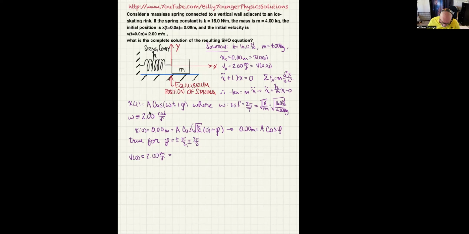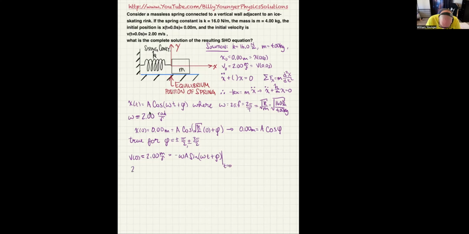The derivative of x of t is A, which is just pulled out in front, times the derivative of cosine, which is negative sine. Then we take the derivative of omega t plus phi, which is omega. So this becomes negative omega A sine of omega t plus phi. Remember, this is all evaluated at t equals 0.